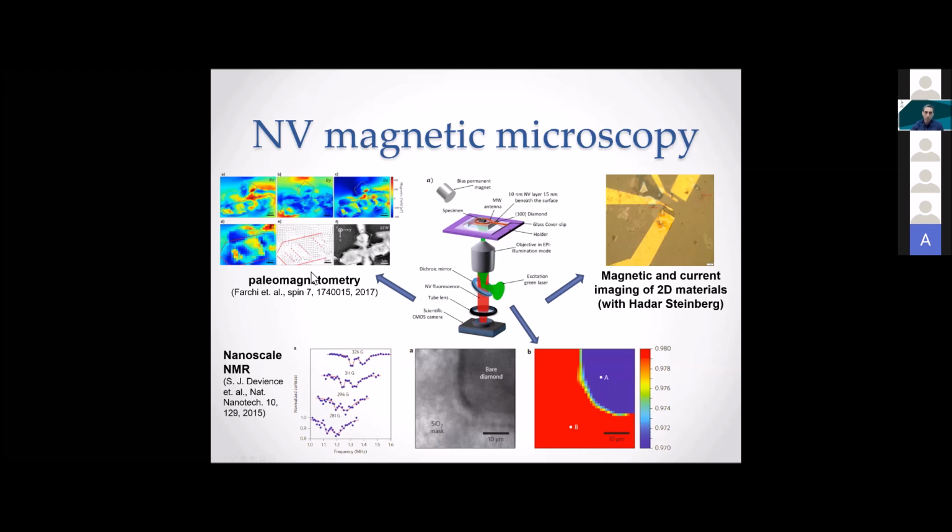We've been looking at magnetic nanoparticles in the context of paleomagnetometry of these magnetic particles within minerals, and also non-static, AC measurements that can be related to NMR or to EPR or to other related fields.